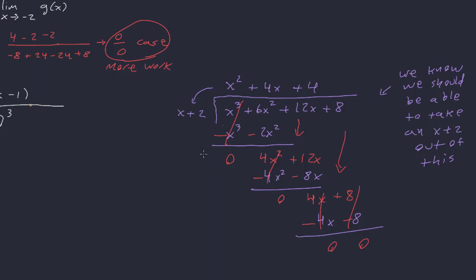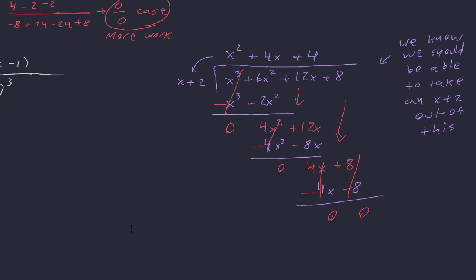Okay, so we get x squared plus 4x plus 4. So this tells us that we can factor, let me write it here, x cubed plus 6x squared plus 12x plus 8 can factor into, we took out an x plus 2, and this is what's left over, the x squared plus 4x plus 4.